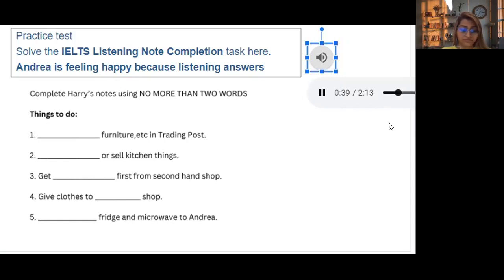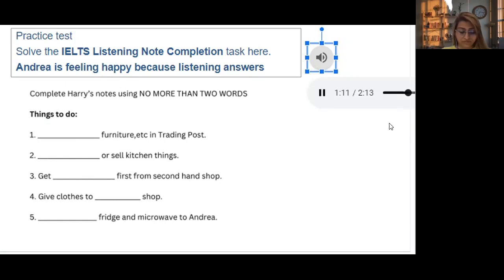You have to pay to put the advert in and then hope people phone. Give them as much information as possible, and if they're interested, invite them to come and have a look. The hard part is agreeing on a price. No, I haven't seen the trading post, but I should have a look at it. And I could advertise the fridge, the microwave and the furniture. But the kitchen stuff isn't really that good. You know, old cutlery, a few pots and pans and some plates and things.